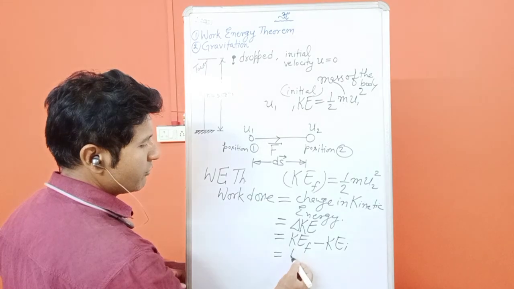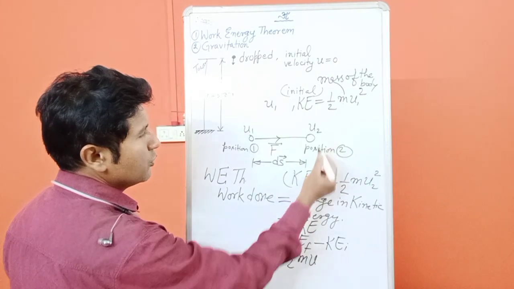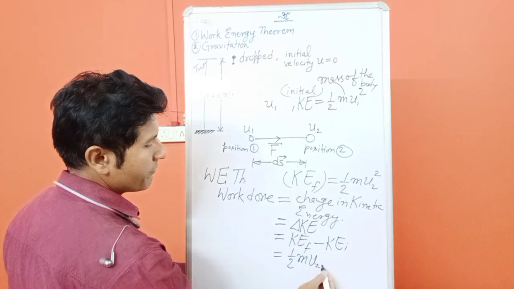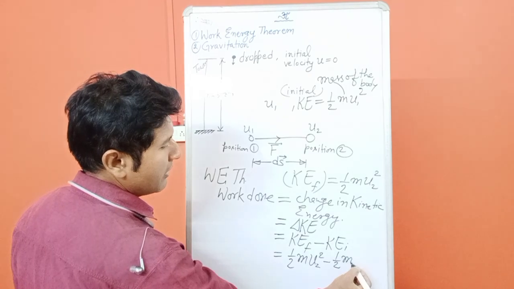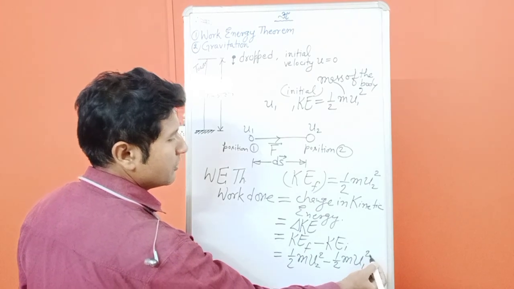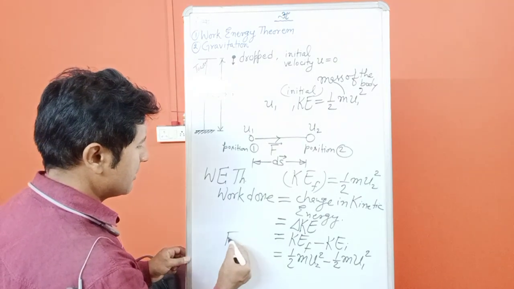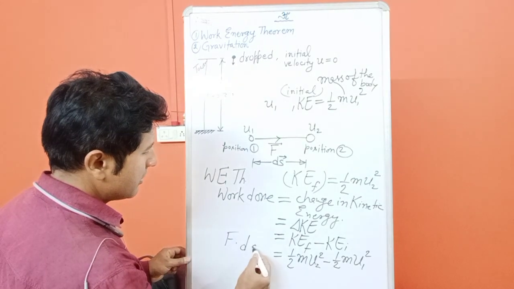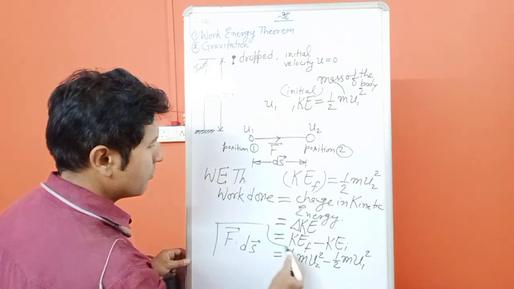Now, which is equal to, of course, half m u2 square minus half m u1 square. Are you getting it? And this is the work done, that is F dot ds. So this is nothing but the work energy theorem.